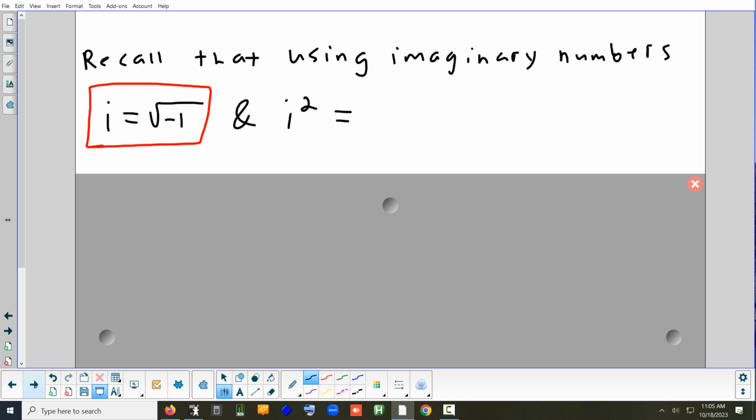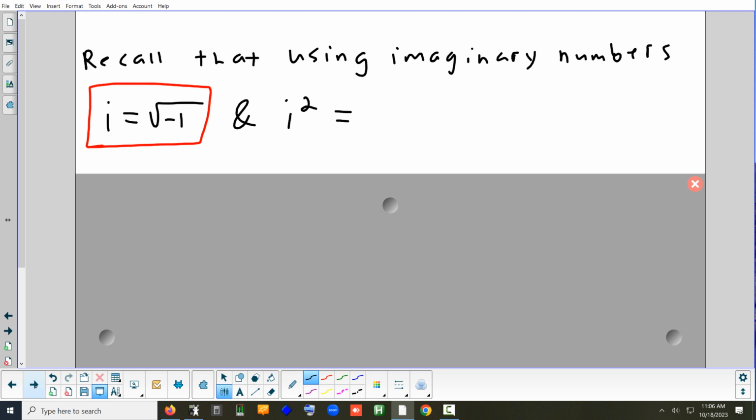It'd be like if you said to me to explain why parallel lines don't cross. I can't, because parallel lines not crossing is the definition of parallel lines. It's not something you can prove. This is kind of the same idea. i equals the square root of -1. That's just what they decided to call it, because before that, they didn't have a symbol to represent it. Okay, so they used i.